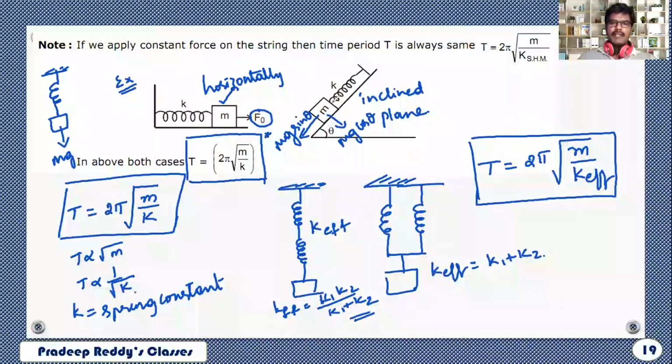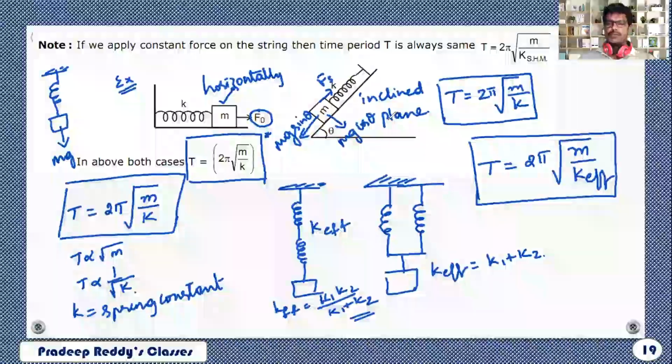So mg sine theta pulls this mass downward, and there will be a spring force which is acting upward. Therefore, overall, if you are dealing with this mass which is executing simple harmonic motion, the time period can be written by the same equation, T is equal to 2 pi under root m by k, where k is the spring constant of this spring.